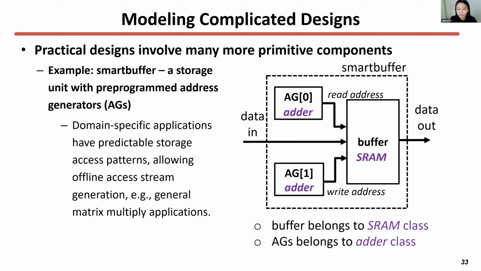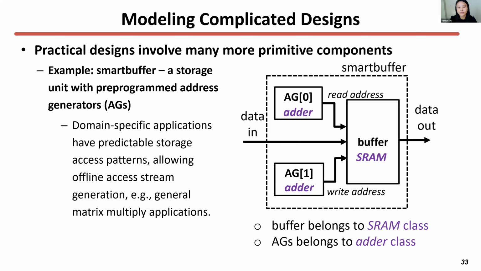So what's the motivation of having this kind of storage unit? For domain-specific applications, they have very predictable storage access patterns. For example, if we are doing general matrix multiply applications, we know we want to access row by row for each matrix operand.